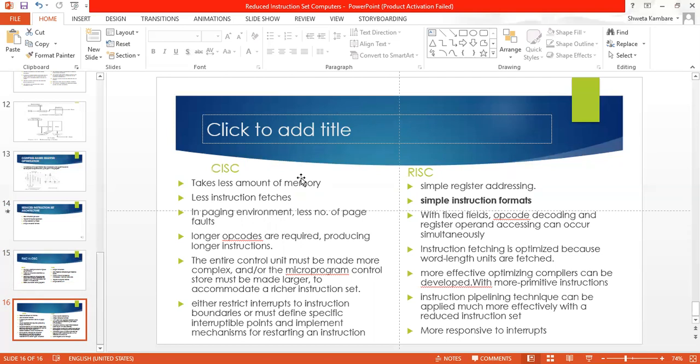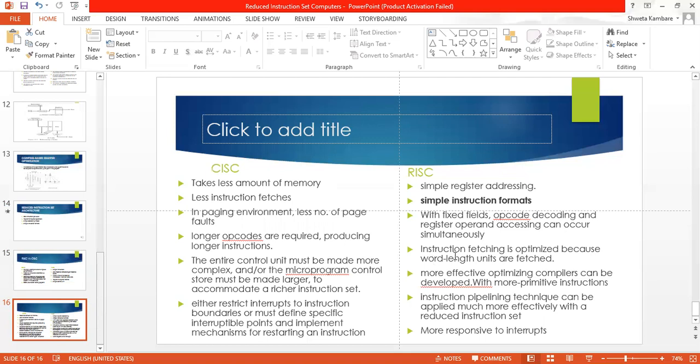With fixed fields, opcode decoding and register operand accessing can occur simultaneously, so that the speed of your execution can be increased.